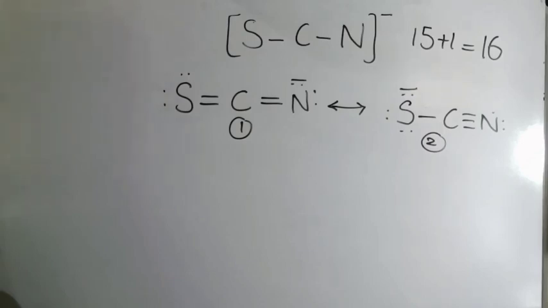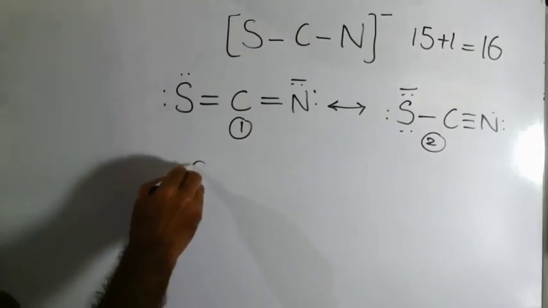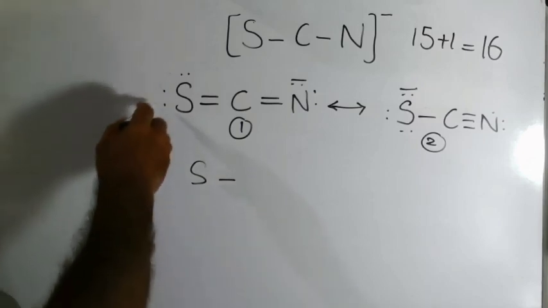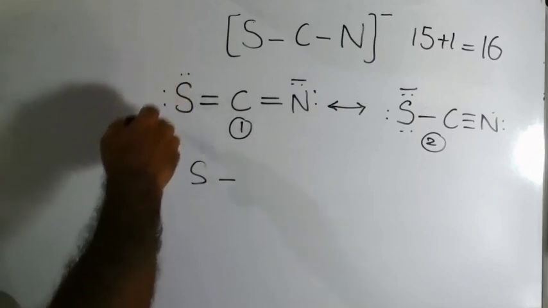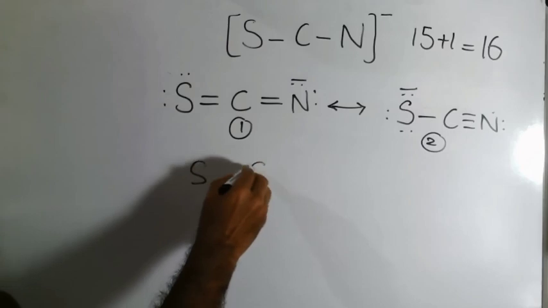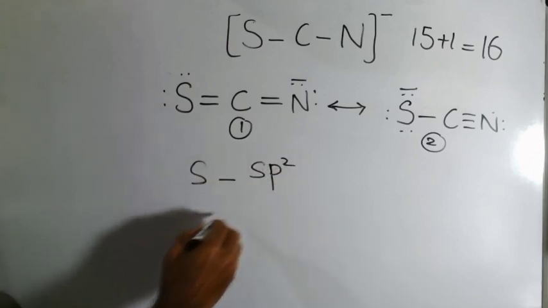Now we will move on to hybridization. When we come to sulfur, sulfur has 1 lone pair and another 2 lone pairs, altogether 3 lone pairs, and 1 sigma bond. So it requires 3 hybridized orbitals. To get 3 hybridized orbitals, we can use sp2 hybridization.